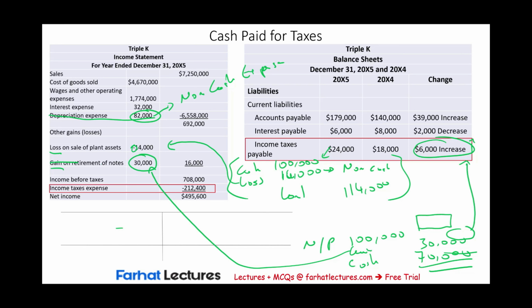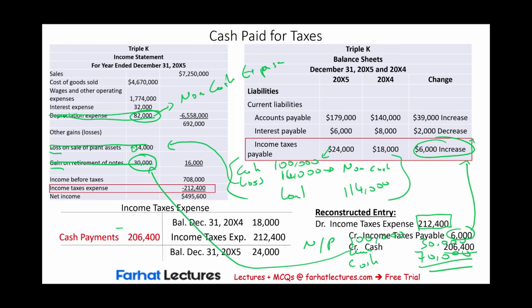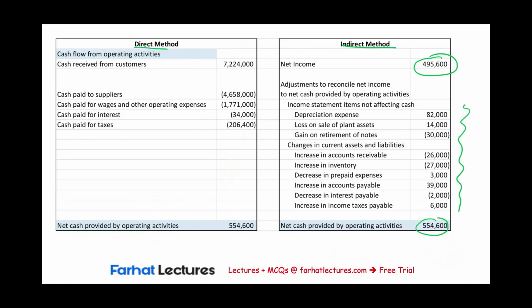Therefore, you ignore gain, you ignore loss, you ignore depreciation expense. You ignore any non-cash revenue or expense. This is the rule. Why? Because they're already non-cash. Now, when we did the indirect method, notice we made adjustment for depreciation, adjustment for loss, adjustment for gain. Why? Because those numbers were factored into net income and we needed to take them out.